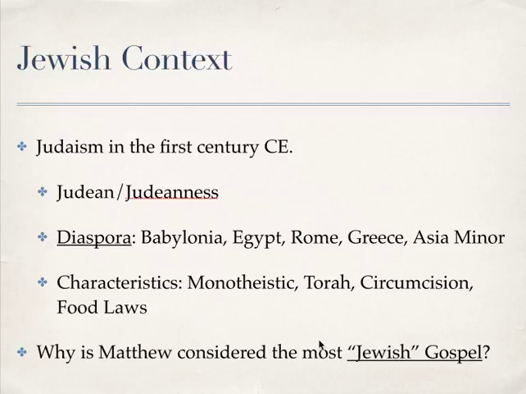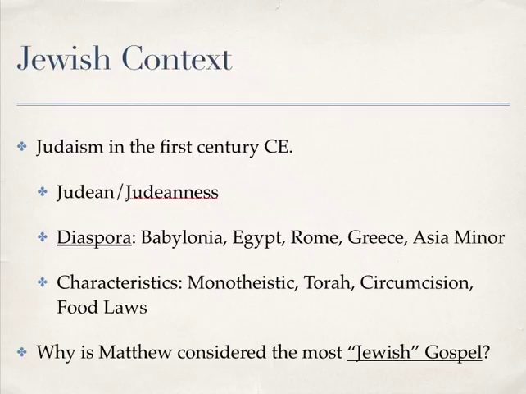And so the word diaspora is important because these were Judeans who lived outside of Judea. In 587 before the Common Era, Babylon had destroyed Jerusalem and took the ruling elite away in exile to Babylon. So even during the first century, there were a lot of Judeans who lived in Babylon because they had never returned. So there you have an exile community, a diaspora community in Babylonia.